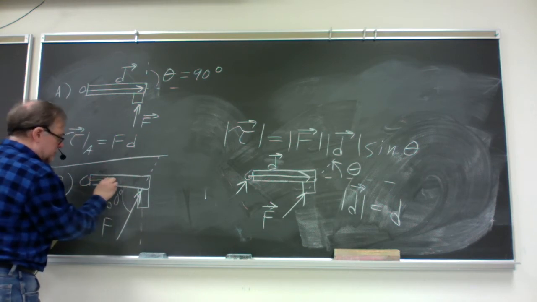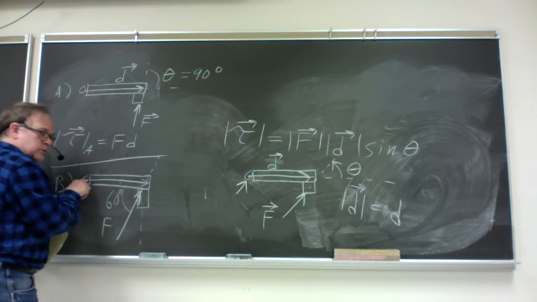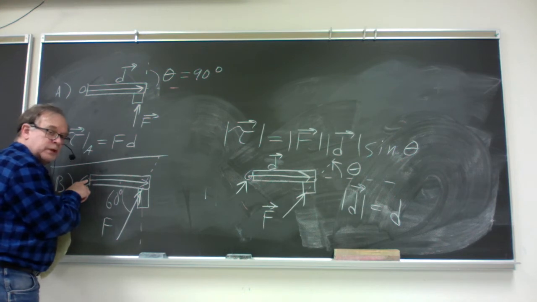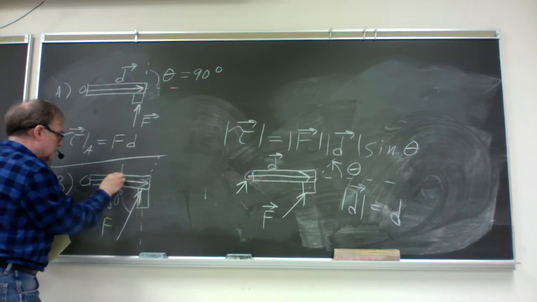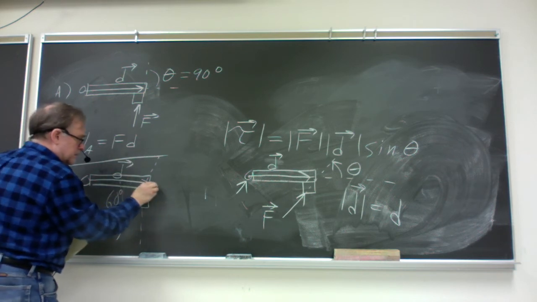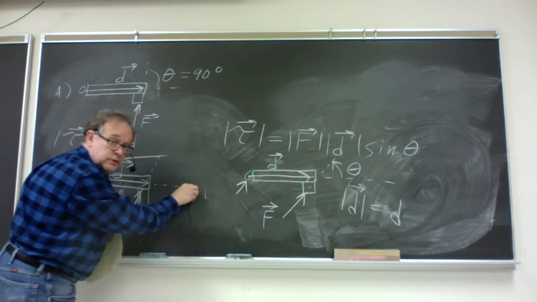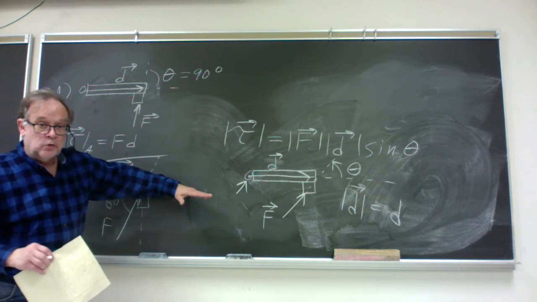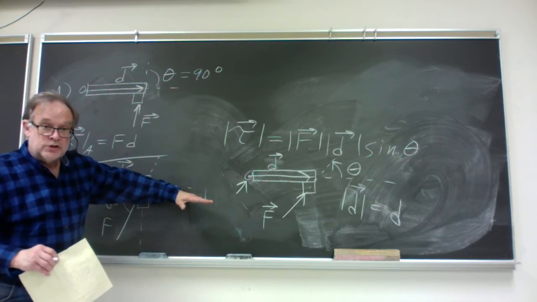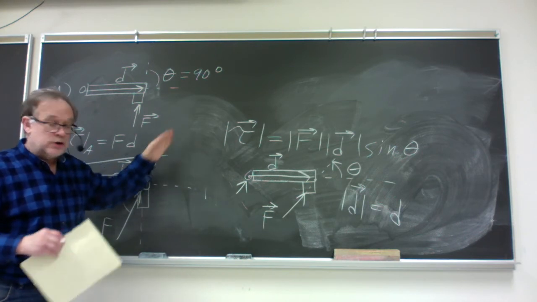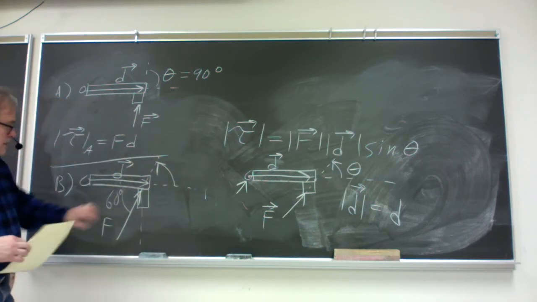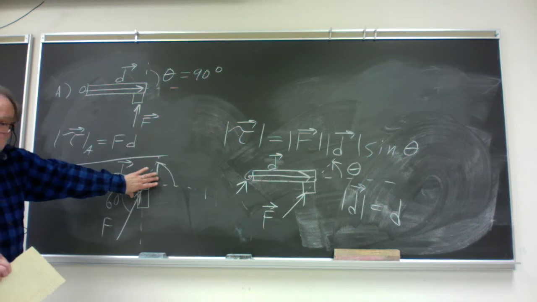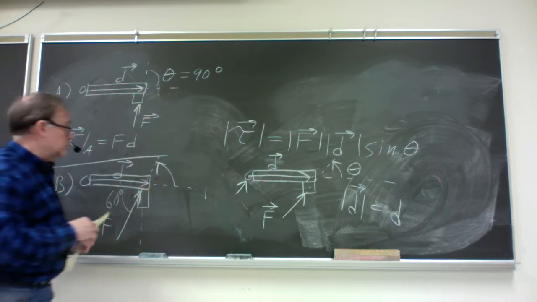And then here's the displacement vector, taking you from the reference point to the point where the force is applied. And then there's the direction of the displacement vector, and the angle from direction of displacement to direction of force is this angle here. And geometry tells us those two angles are equal, so this is 60 degrees also.